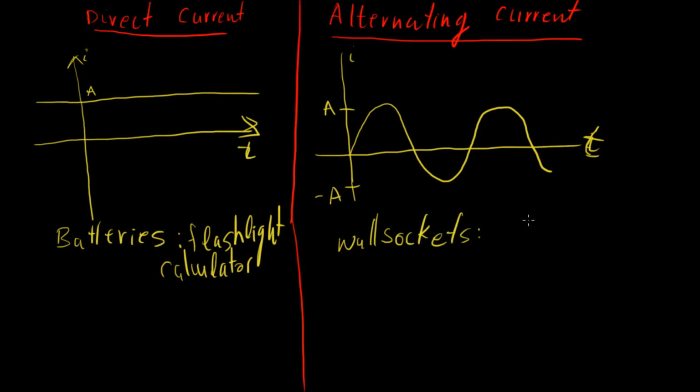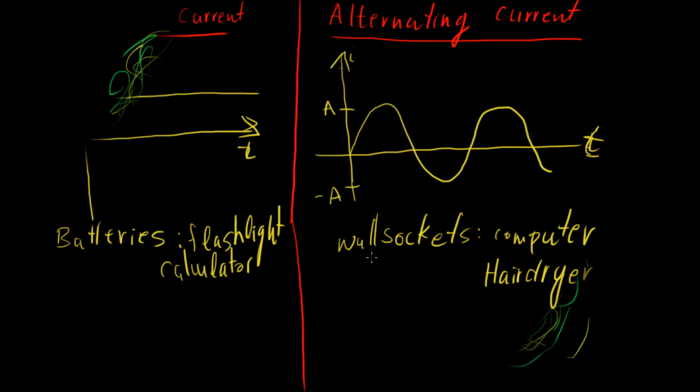And anything that's plugged into the wall socket, such as a computer or a hairdryer, has alternating current flowing through it. And what else you can think of too. There are hundreds of applications, probably thousands, probably even more than that has alternating current. It's probably the most important form of current. And yeah, that's all you really need to know of a current.